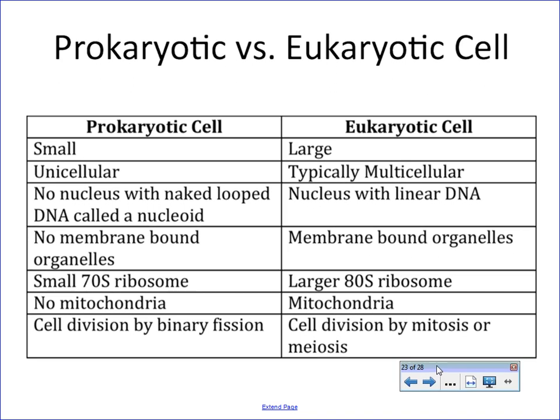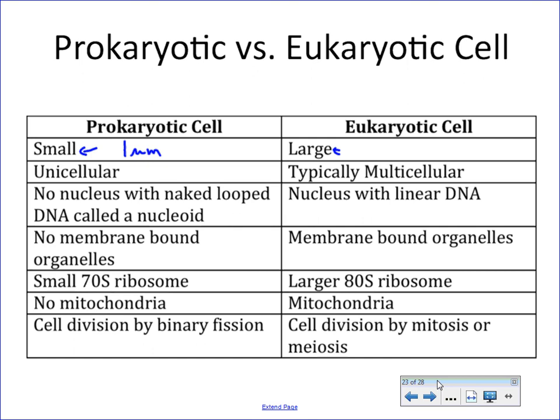Between eukaryotic cells and prokaryotic cells, there are some main differences. Prokaryotic cells tend to be small, whereas eukaryotic cells will be a lot larger. Prokaryotic cells tend to be around 1 micrometer in size.